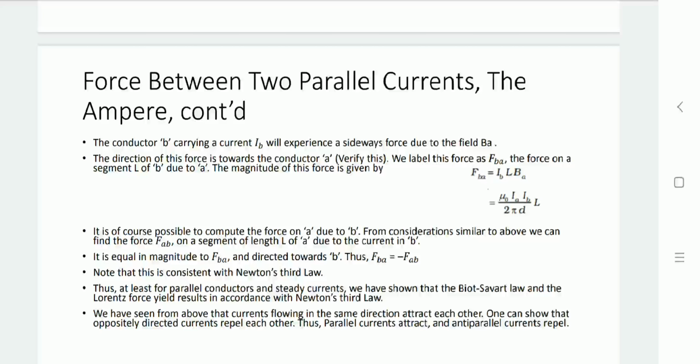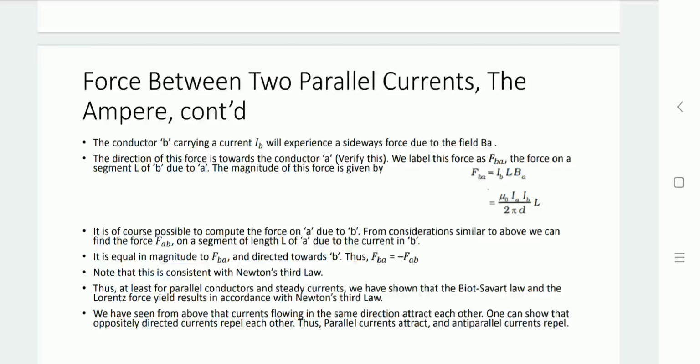By the Lorentz law, magnetic force is available due to the other parallel conductor, for example, force on A from B. As both forces are equal and opposite, Newton's law is also involved.